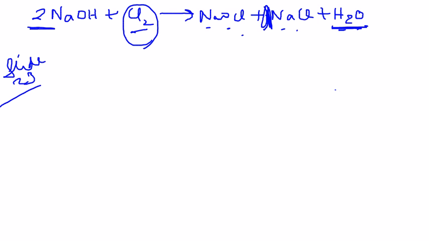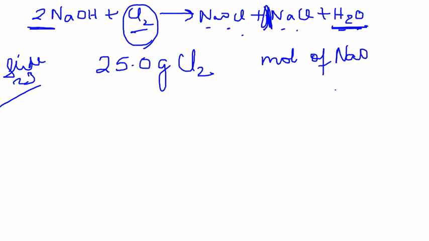So it's given that you have 25.0 grams of Cl2, and the question asks you how many moles of sodium hydroxide are required for this reaction. So this is similar to what I started the discussion with, the relationship between the two reactants.